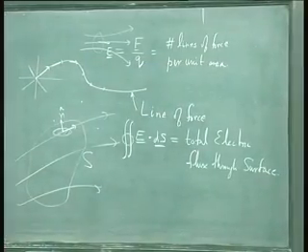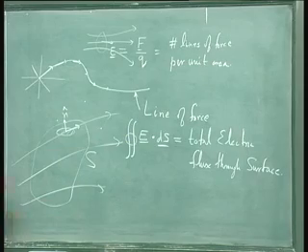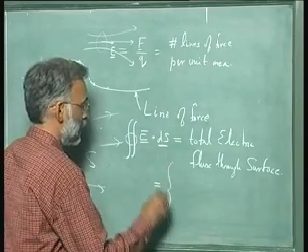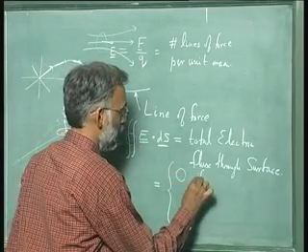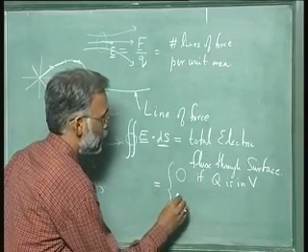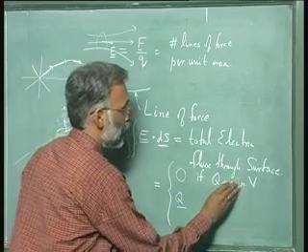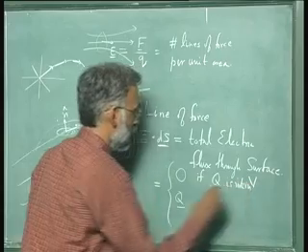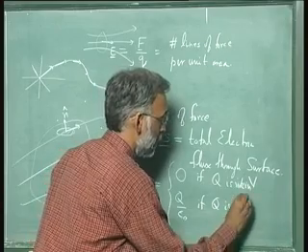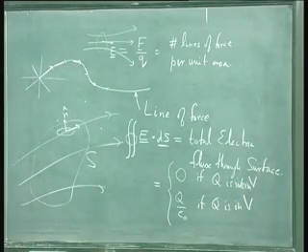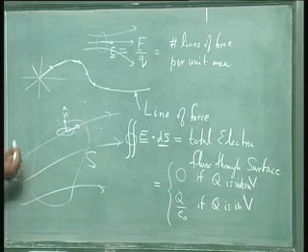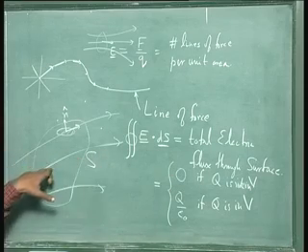And we worked out last time that this E dot ds for a single charge, if the electric field is due to a single charge, is equal to 0 if Q is not in V, and is equal to Q over epsilon naught if Q is in V. So, it is a binary kind of relationship. If the charge is outside, there is no net flux. If the charge is inside, there is net flux.